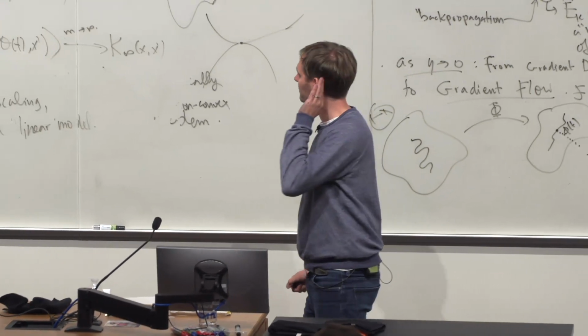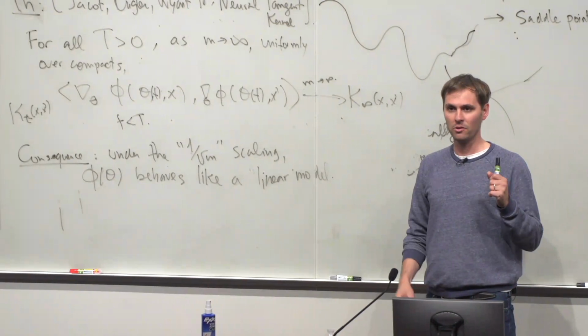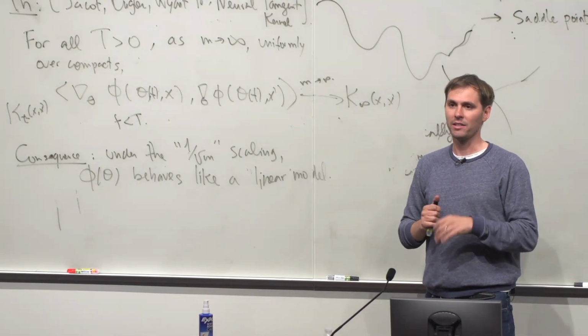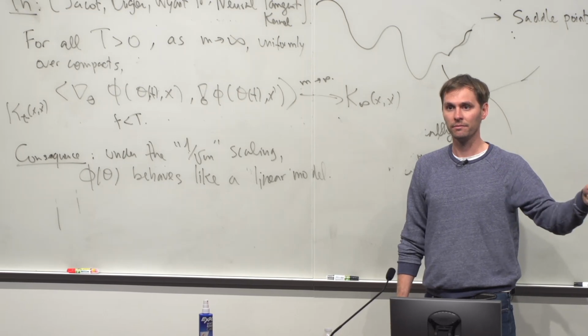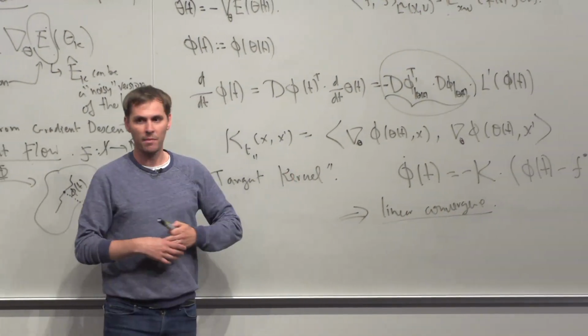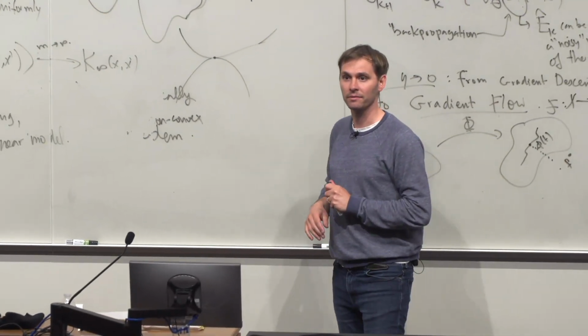That theta has to be there, like phi theta t. Here? Well, no, because this is what the algorithm is doing. I'm running gradient flow. You give me the model, I just run gradient flow. So gradient flow defines the trajectory theta of t. The statement is that this object that appears in the dynamics here, when m is very large, doesn't change. That's what this statement is saying.